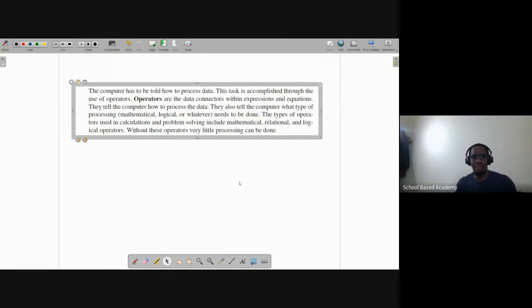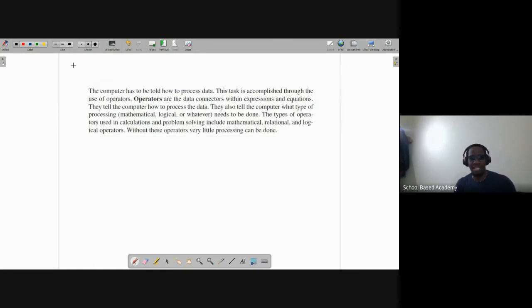Operators are the data connectors within expressions and equations. They tell the computer how to process the data.